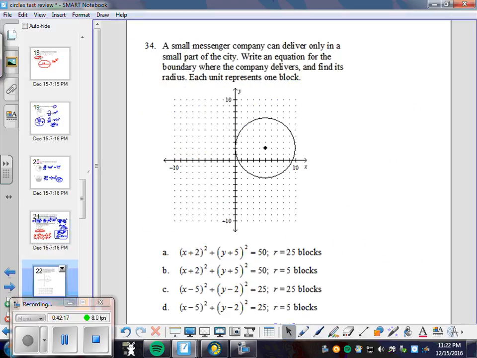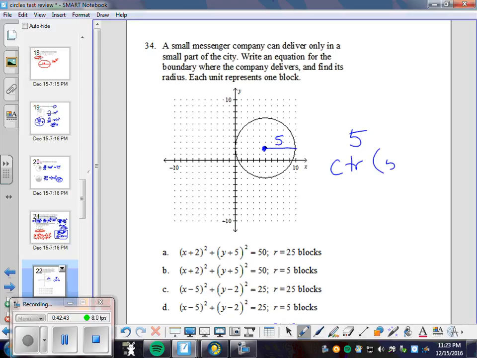Okay, 34. You have a circle represented here. Write an equation for the boundary where the company delivers and find its radius. Each unit represents one block. So here would be our center. And it goes 1, 2, 3, 4, 5. So my radius is 5. My center is at 1, 2, 3, 4, 5, 1, 2.